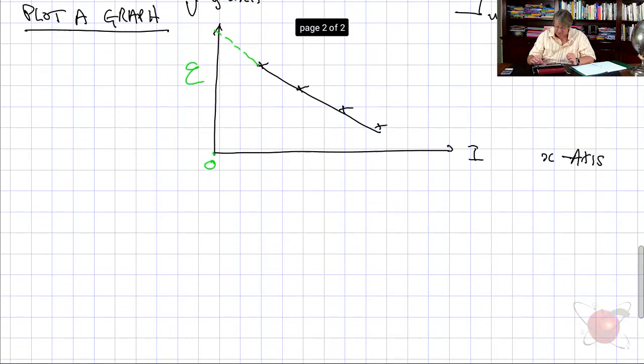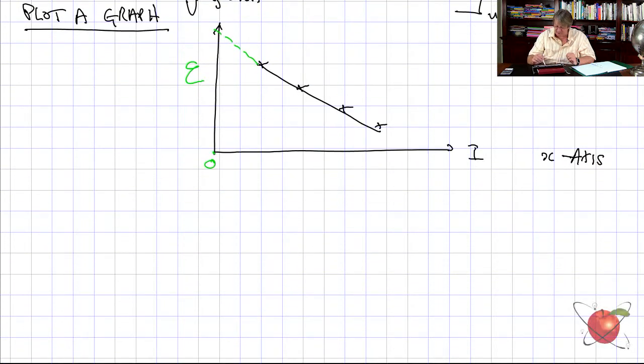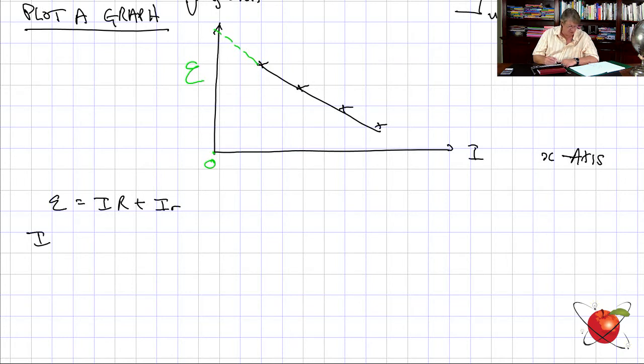Now, let's have a look and see something. Right, what we've got here is our experiment. If you remember, EMF is equal to I times R plus I times little r, correct? Therefore, IR is equal to minus Ir plus EMF.